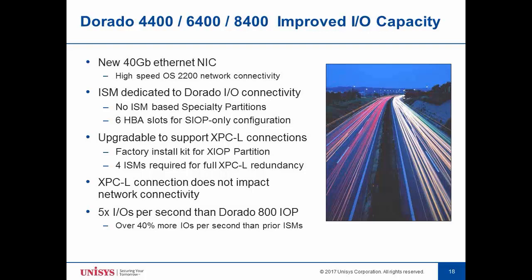The ISMs for these new systems are dedicated to I/O connectivity. There are no specialty partitions built into the ISM designs, and as such, we can now have an additional card count for the I/O subsystem on these new systems.